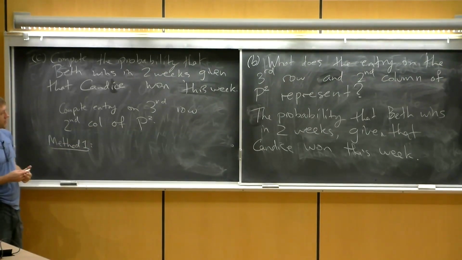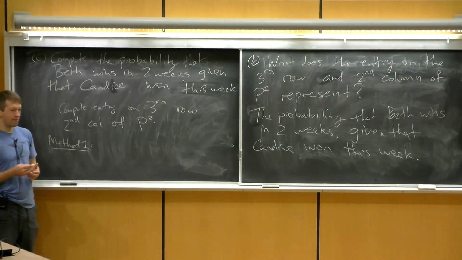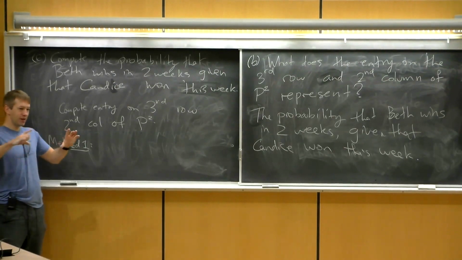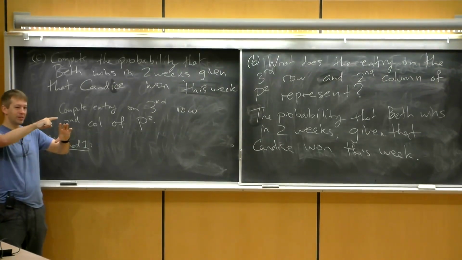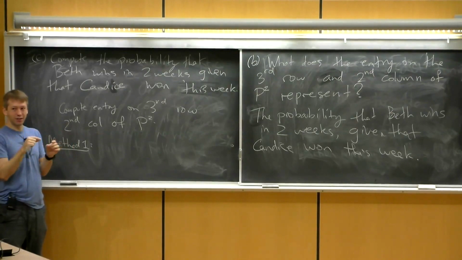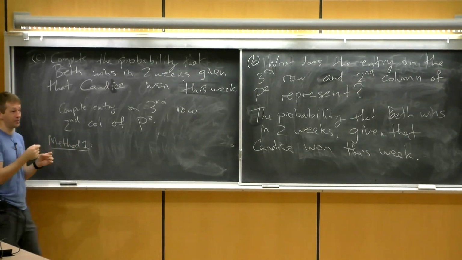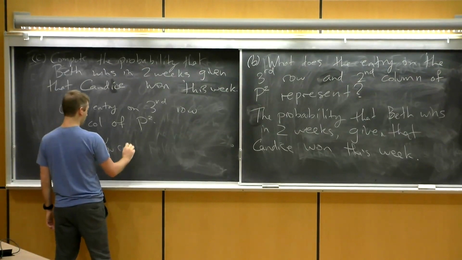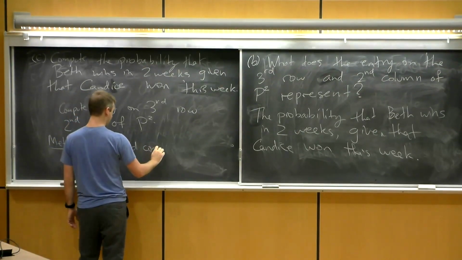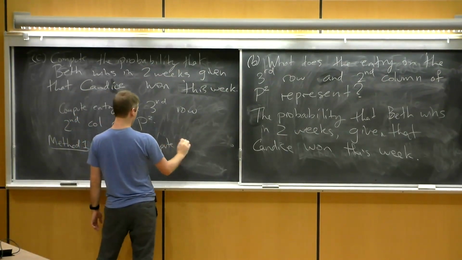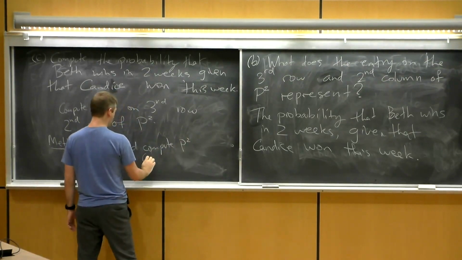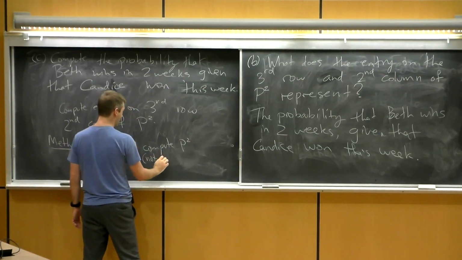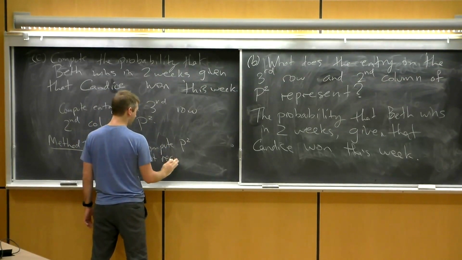But that might be kind of wasting your time, because P squared is going to have 9 entries. You don't need to know all 9 of them. You just need to know one specific entry. So you could compute P squared completely, but I wouldn't recommend it.